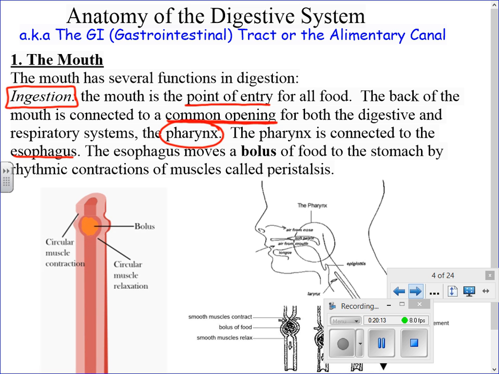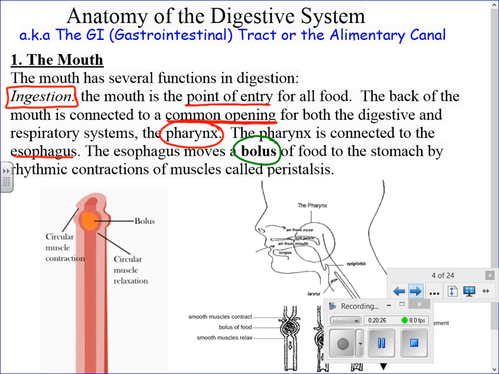And there's a vocabulary word here that I'd like to point out. When you take a piece of food and you chew it and you're about to swallow it, the fancy science word is that we call it a bolus of food. In the video we just watched that had the x-ray of the mouth, it looked like a little round chunk of food.